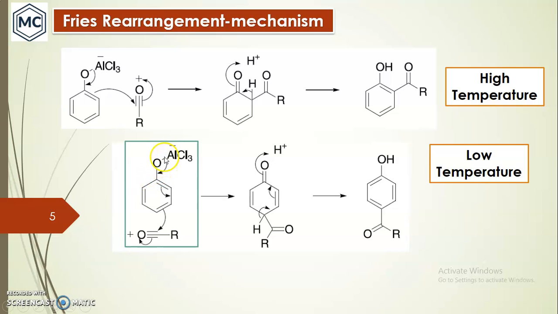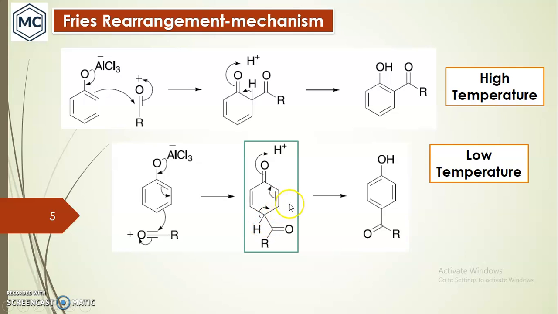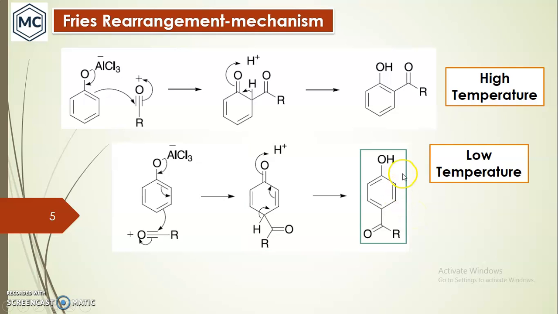The electron pair transfers towards here and the double bond breaks, and this para carbon reacts with the electrophilic carbon, and it forms a structure like this. Then it undergoes aromatization immediately, and it forms the product para-acylated phenol. Usually this product you get at room temperature.